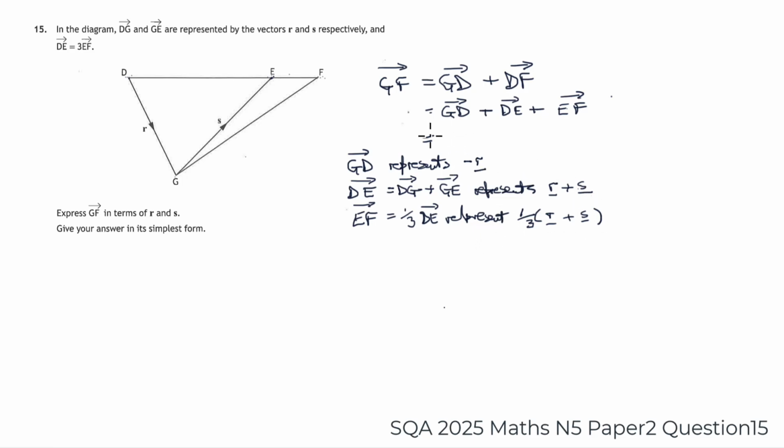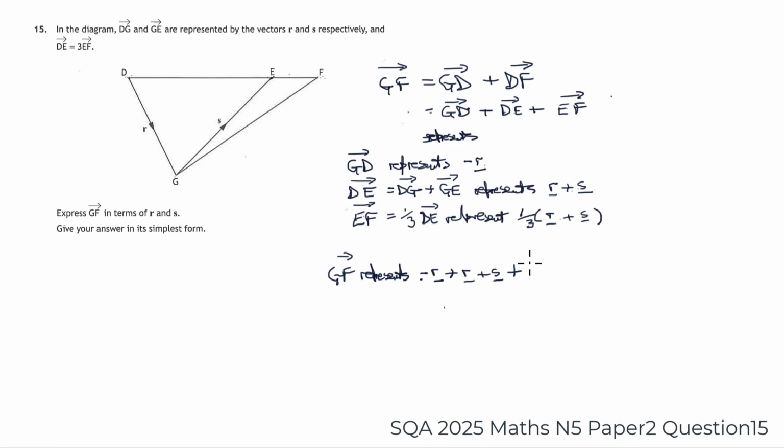So we can say that GF represents, well, let's write this down here, we won't have enough room up there to complete the question. GF represents GD, which is negative R, followed by DE, which represents R plus S, followed by EF.